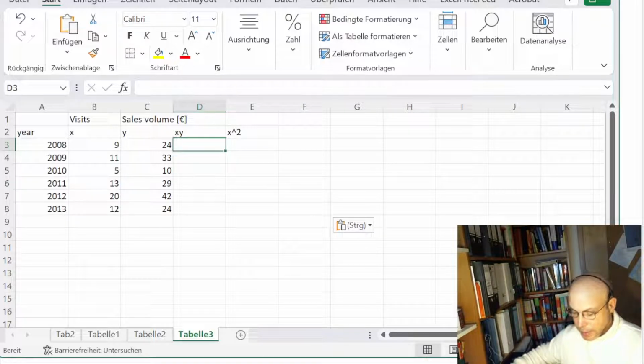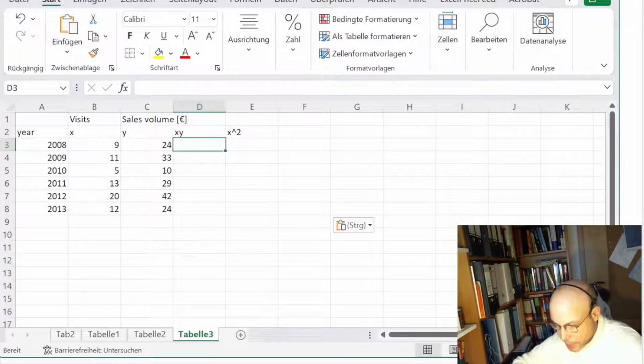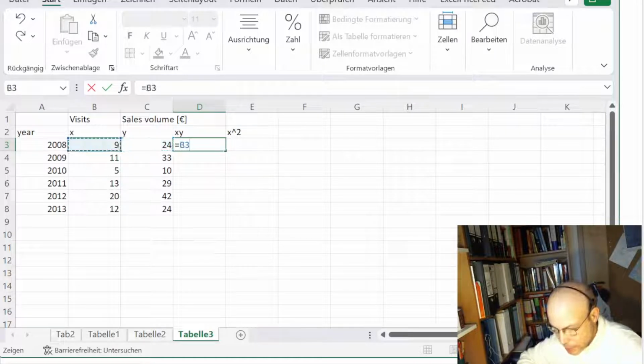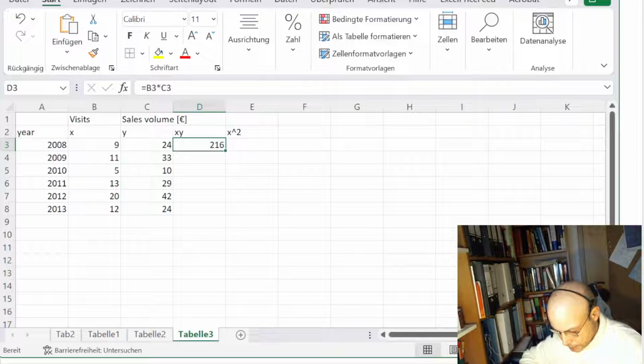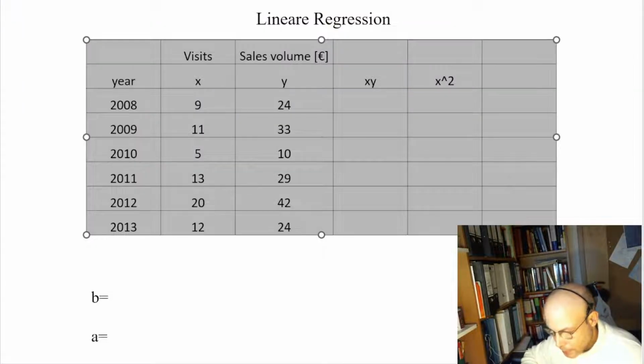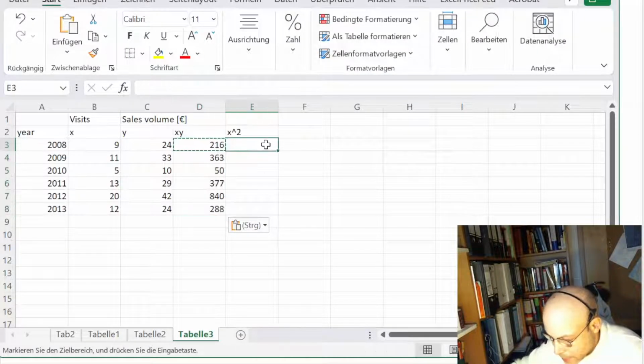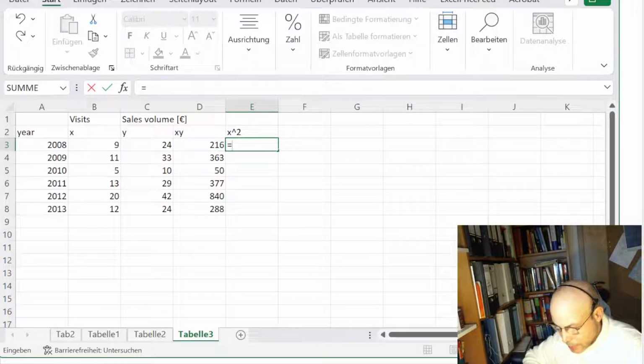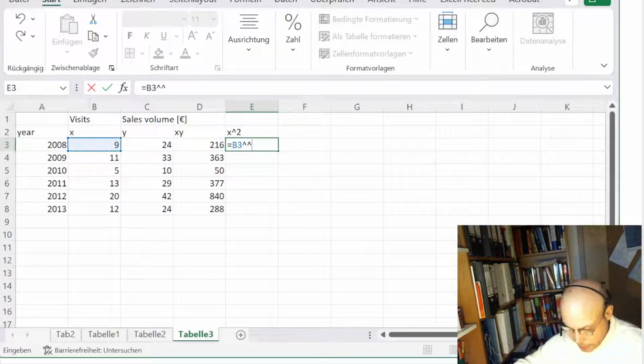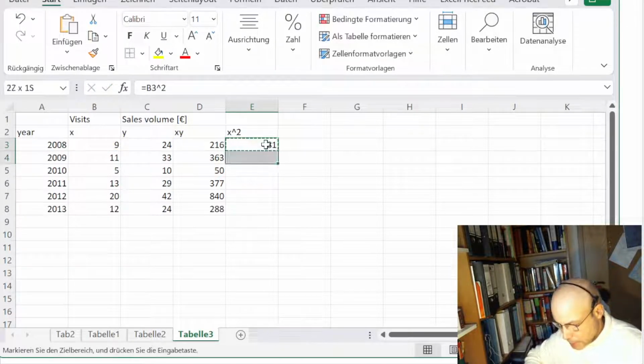And what we need then is that we multiply this, 9 times 24. And we need x squared, this would be this number squared.